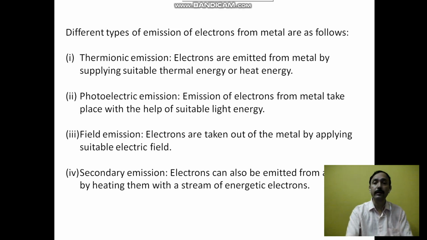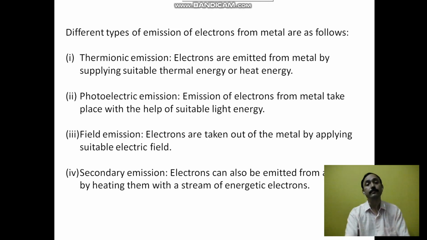Here in photoelectric effect, emission of electrons from metal takes place with the help of suitable light energy. In thermionic emission, suitable thermal energy or heat energy. Field emission by applying a suitable electric field.